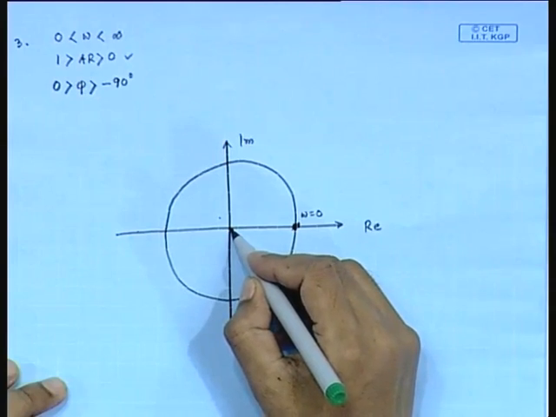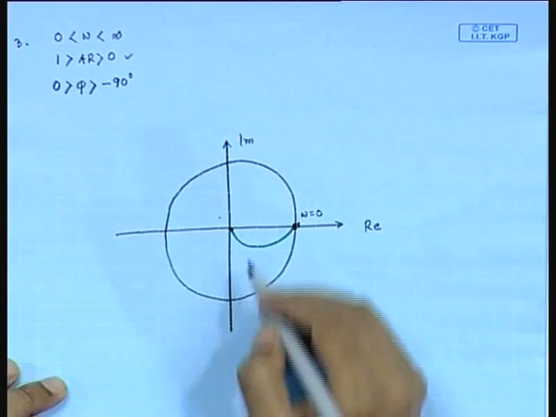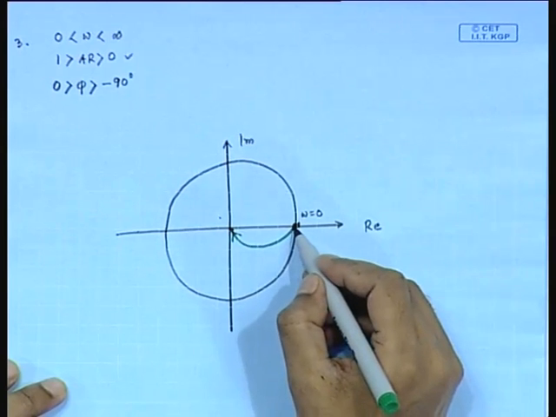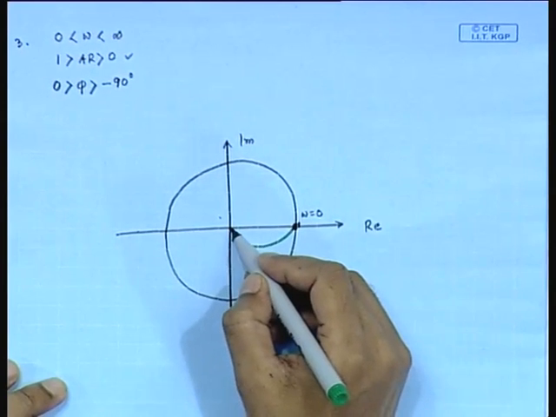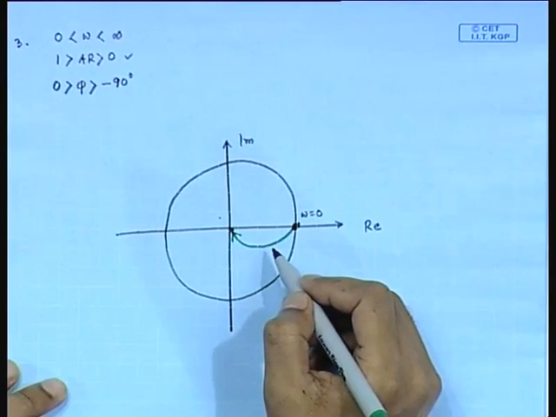If we use intermediate points in this complex plane, then we will get the polar plot like this, and this is the direction. This is the starting point, this is the end point, and we need to take a few intermediate points.